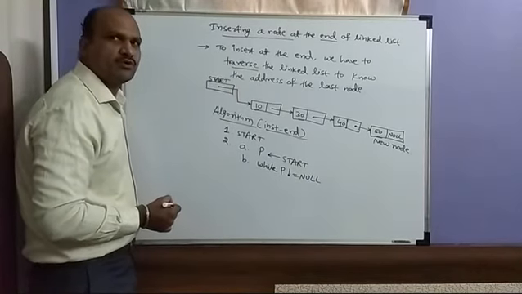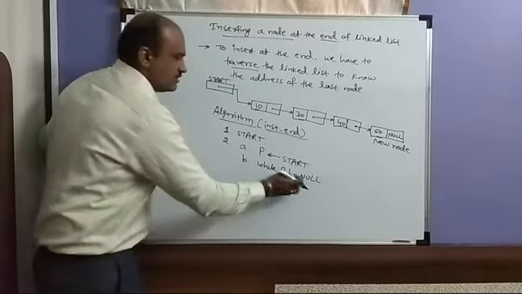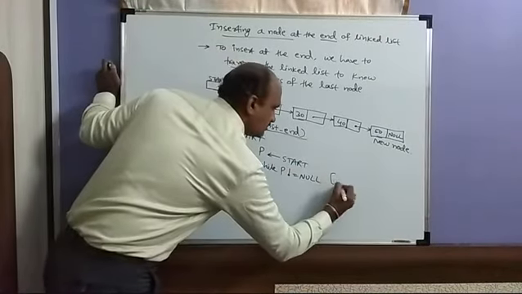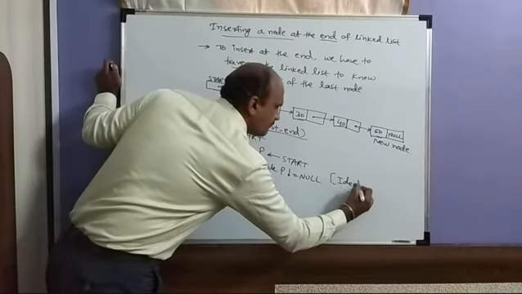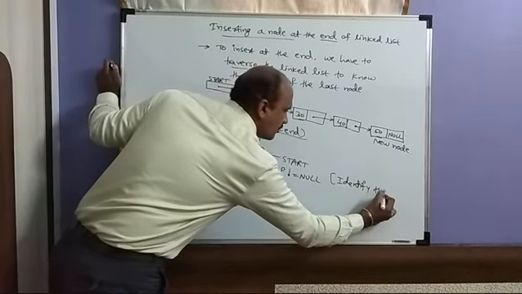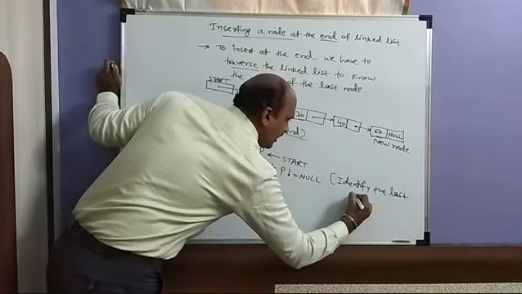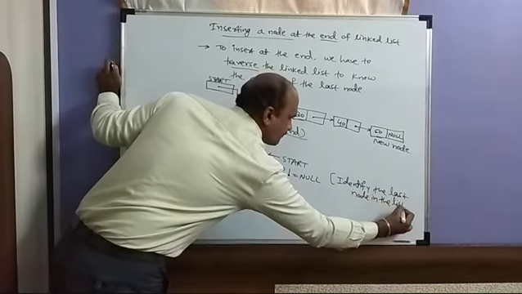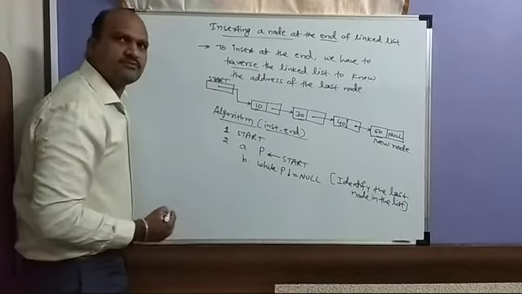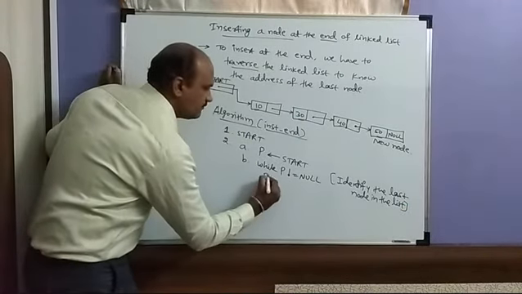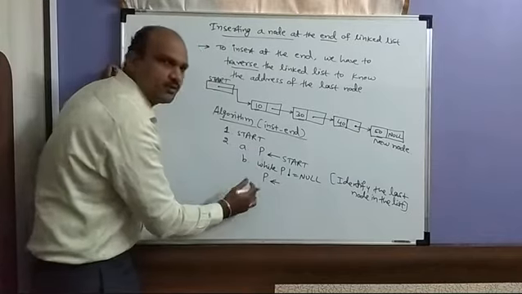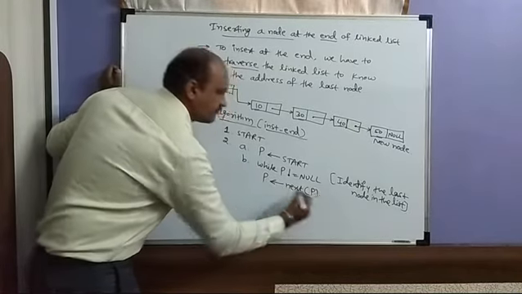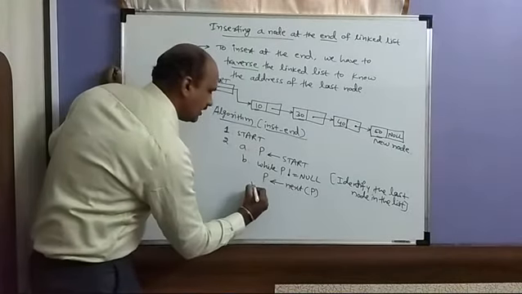Here you identify the last node in the list. Next, P becomes next of P, which means it will go to the next node. Then end while.